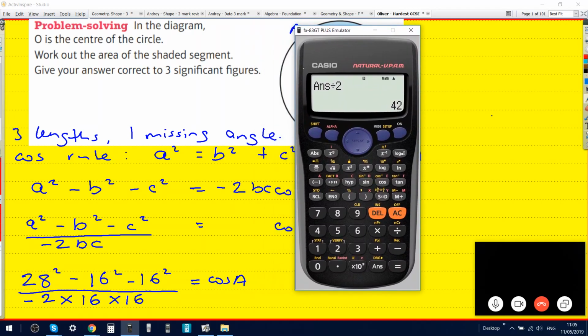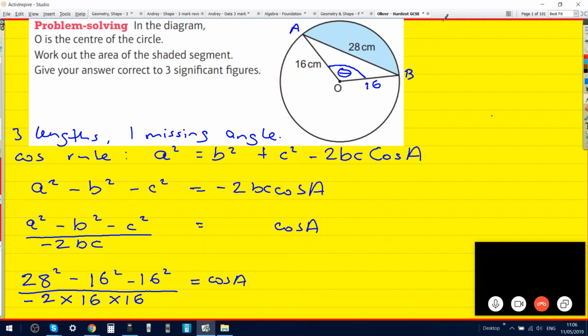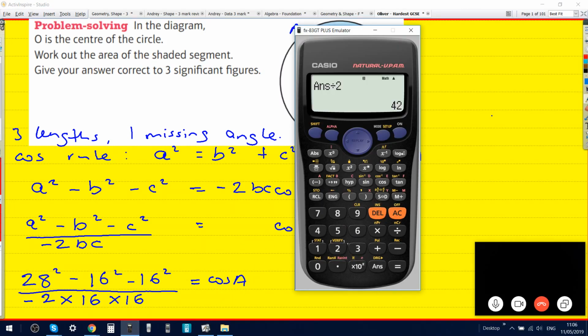I think I know what you did. Did you put minus 16 squared? Is that in a bracket? No, I didn't put them in brackets. Should it be in a bracket? 28 minus. I think those are supposed to be in a bracket.